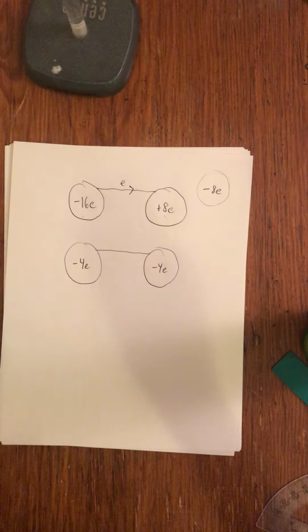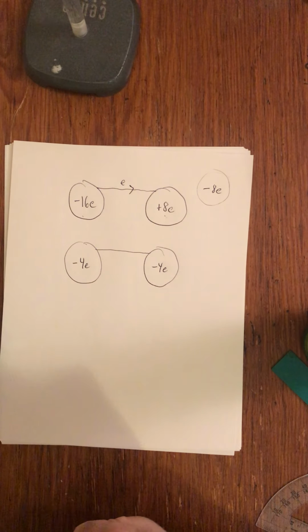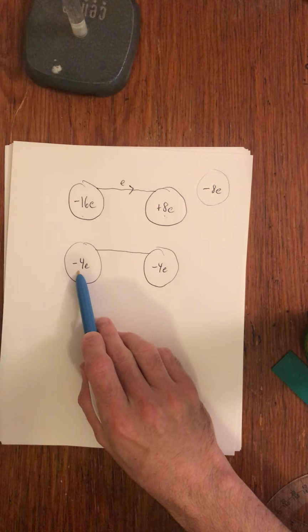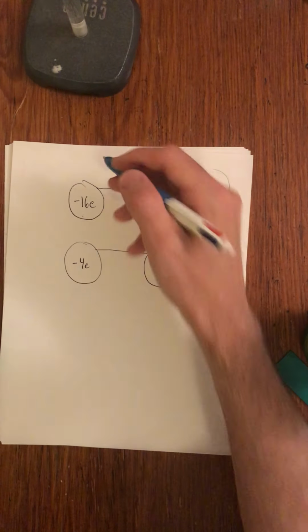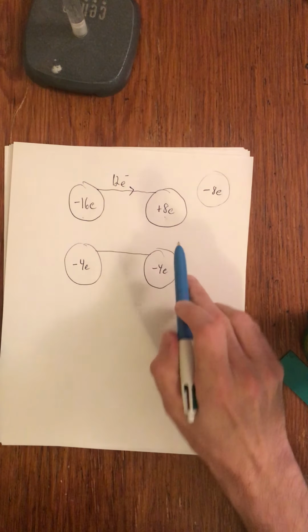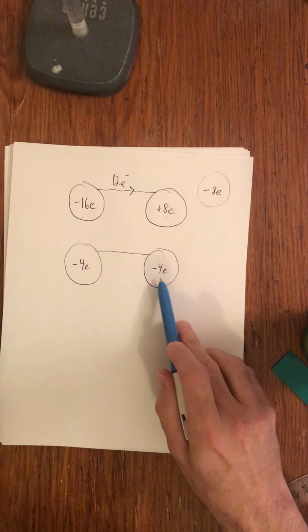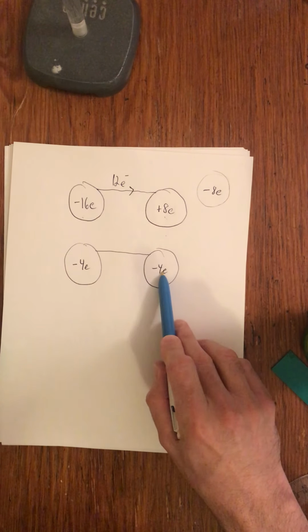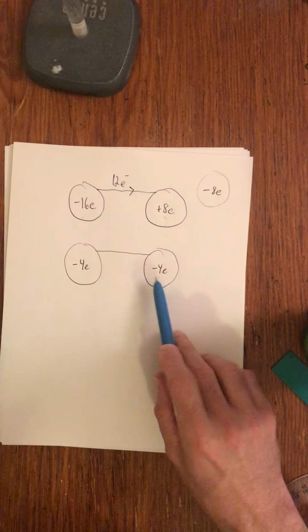Boom, there you go. So how many electrons had to be transferred over? Well, if you notice this went from an excess of 16 to an excess of 4. It lost 12 electrons. This went from lacking 8 to having 4 extra. So lacking 8 to 0 to 4 extra, there's your 12 electrons, okay?